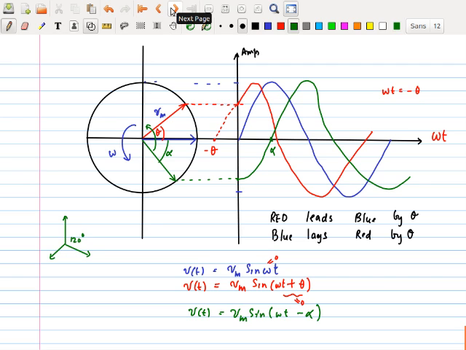Now the question is, when you bring a circuit into the AC domain, how does it look? So that's the first thing that we are going to look at. And to look at it, we will try looking at these three elements separately.